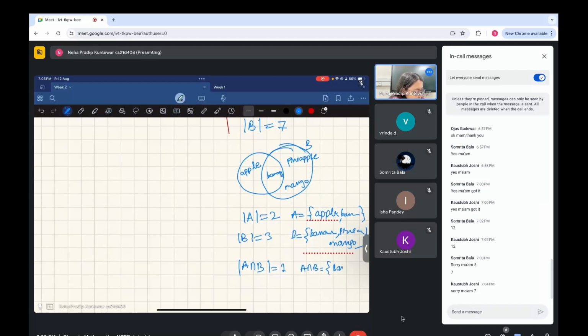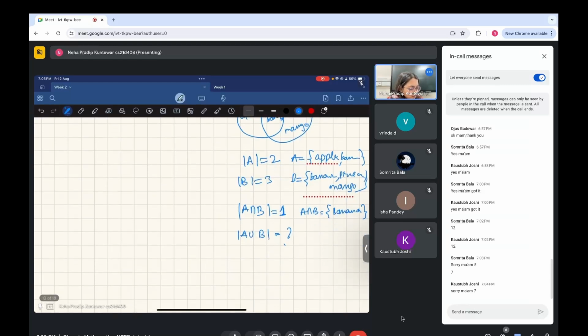Now looking at this example, what can you comment about the size of A union B? Let's try to write down this set.